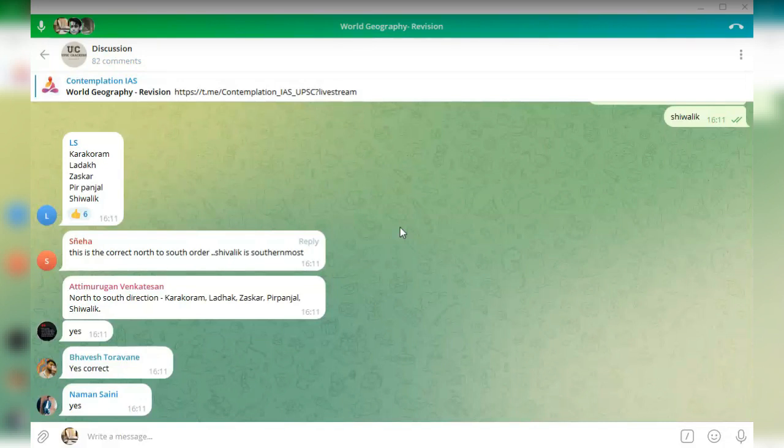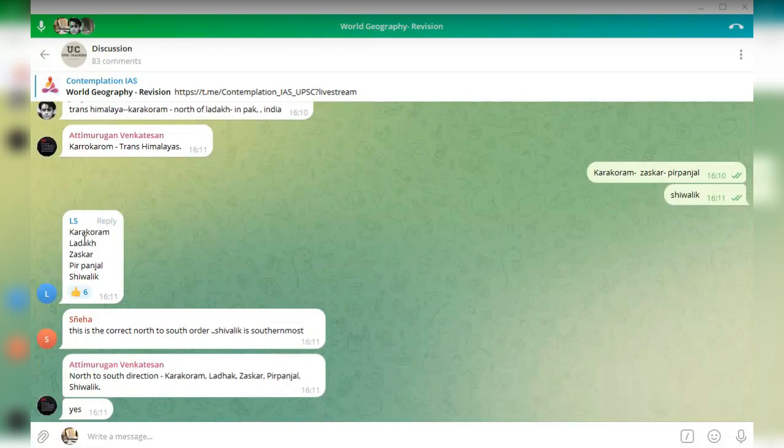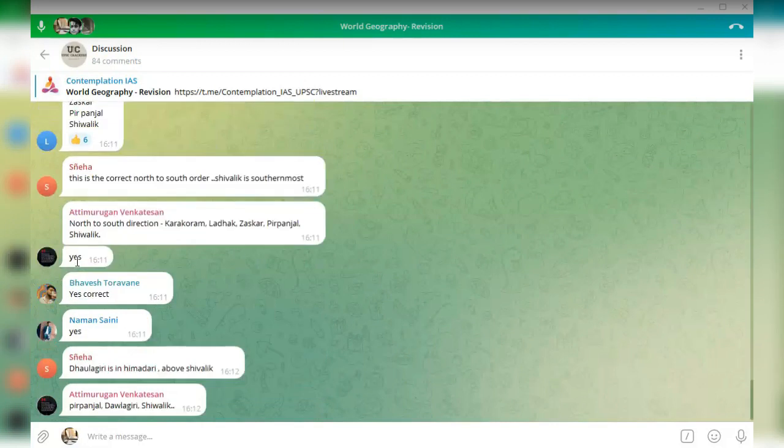So if we have to adjust the Dhola one, that would be adjusted in this KLJPD. Okay, here it would be between Tirpanchal and Shivali.